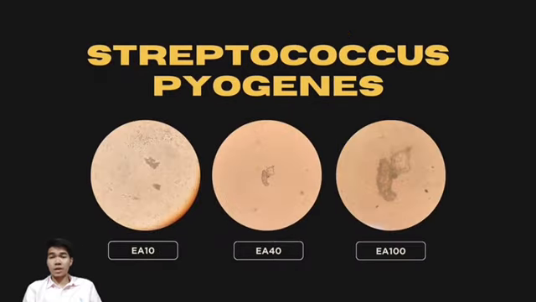Then the fifth one, or the last one, is the Streptococcus pyogenes. It causes various infections in humans, including strep throat and skin infections. It has spherical bacterial cells in chains. That's why it is called Streptococci.